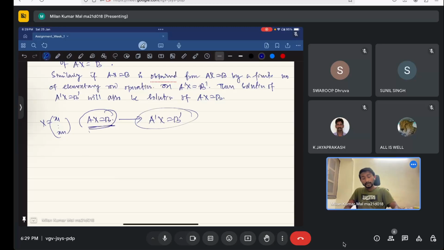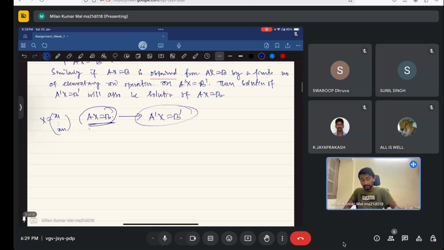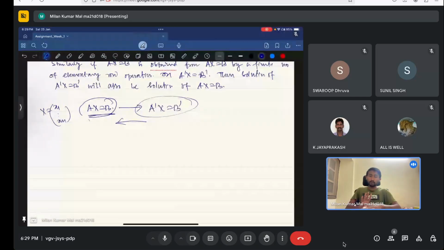And if from A'x = b' we get Ax = b after a finite number of elementary row operations, the solution of this system will also be a solution of Ax = b.